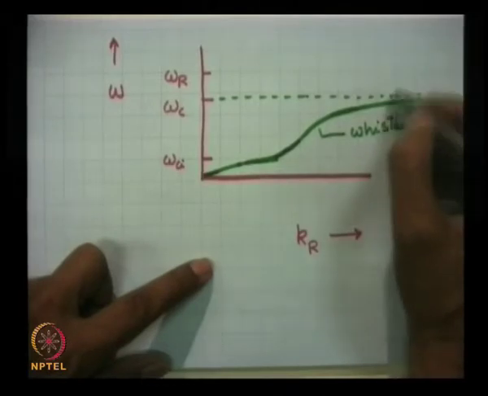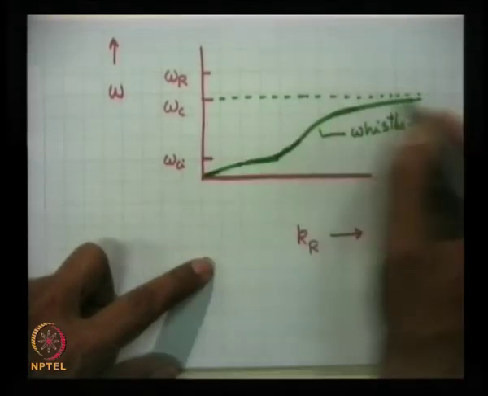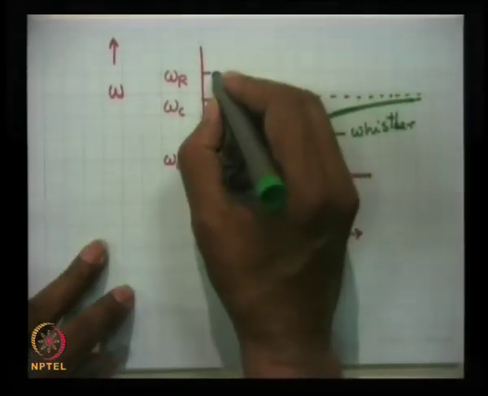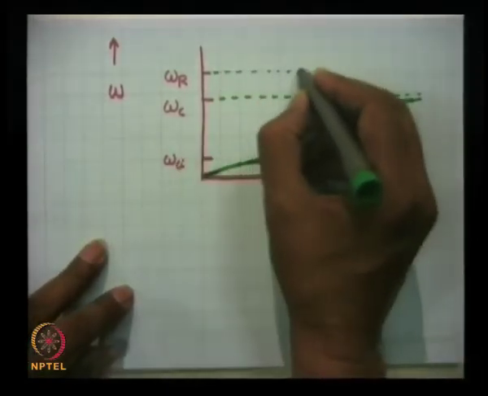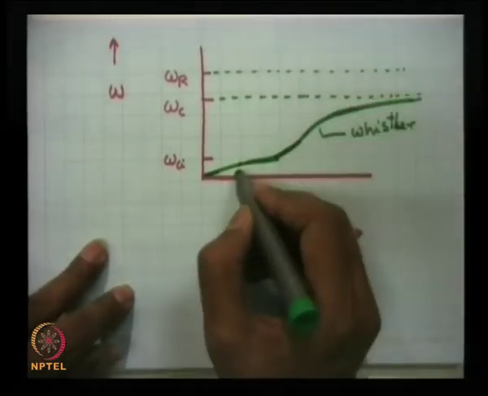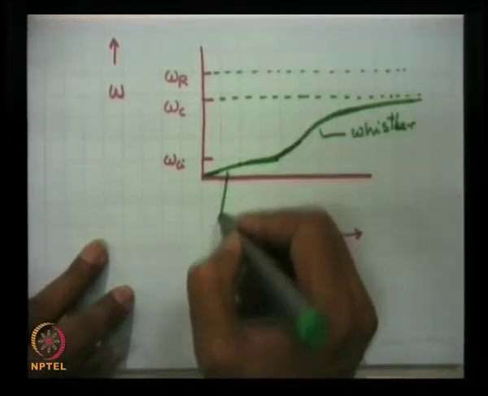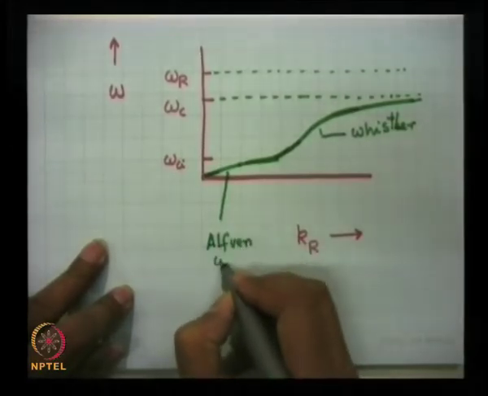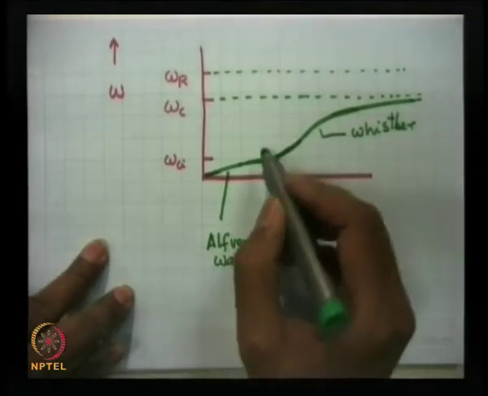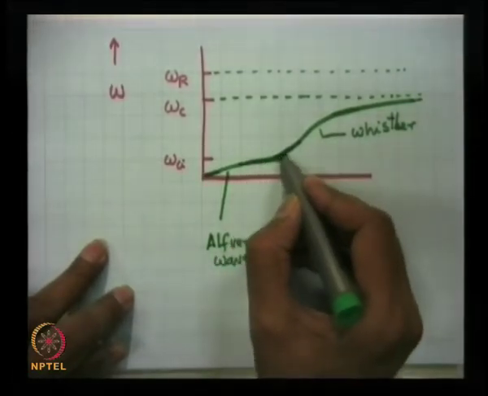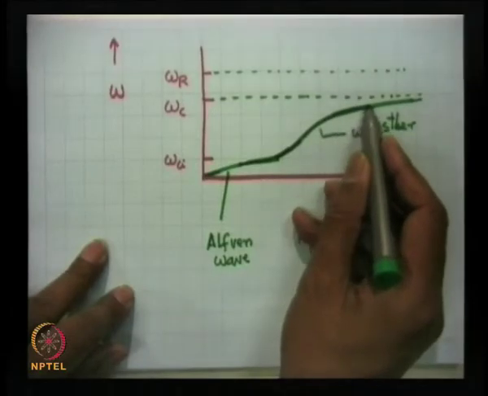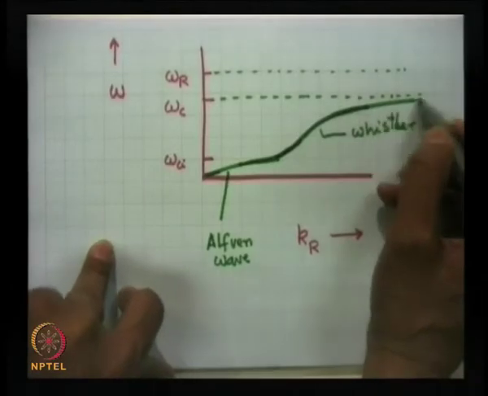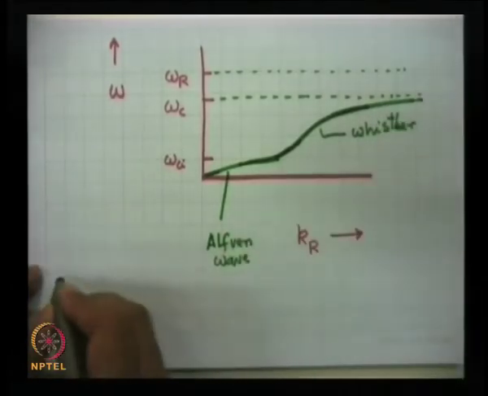This small band of frequency spread is called the electron cyclotron wave, and this low frequency part is called the Alfven wave. The Whistler frequency starts actually from here to here, almost close to omega c. Just very close to omega c, the wave is given a special name called electron cyclotron wave.